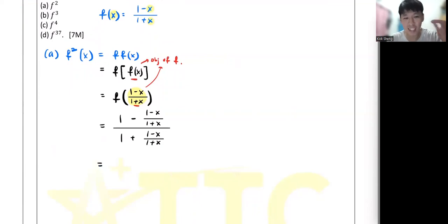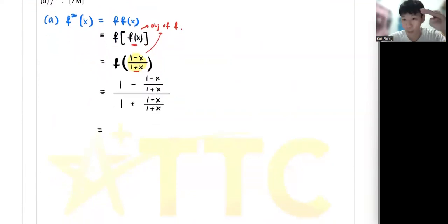Okay, so now the next step will be just simplify. You have to simplify all the way until a single fraction. Can I have two like this? You have to make it into one later. So how do you simplify that? Following the fraction, you have to make the bottom same in order to plus together.